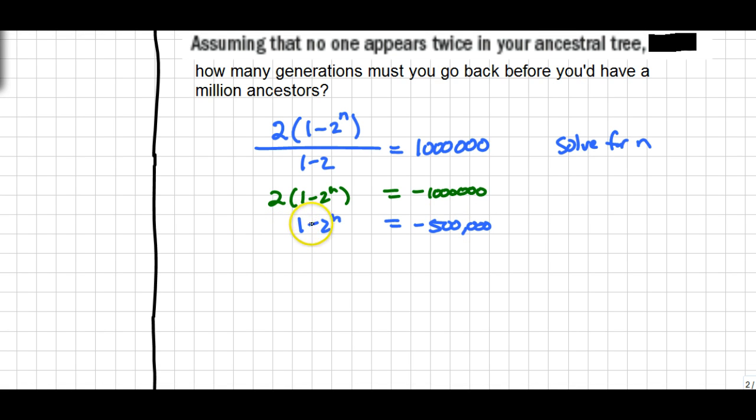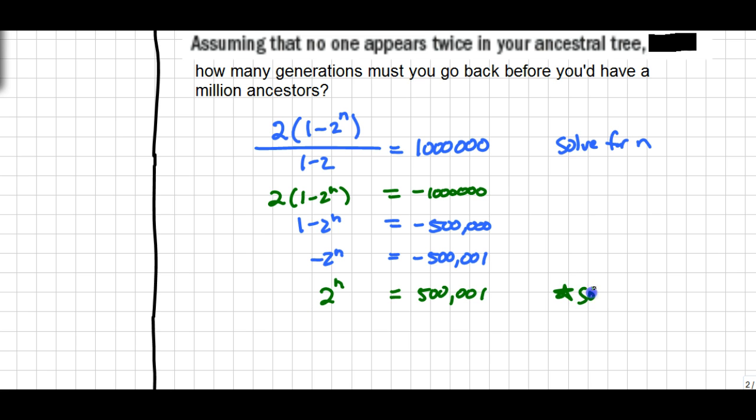The 1 is not being subtracted right now, it's the 2 that's being subtracted, so I want to take away 1 from both sides. And then, because both sides are negative, I'm just going to change everything to positive. I haven't changed the value of anything, I've just said because it's negative negative, then I can just change it to plus plus.